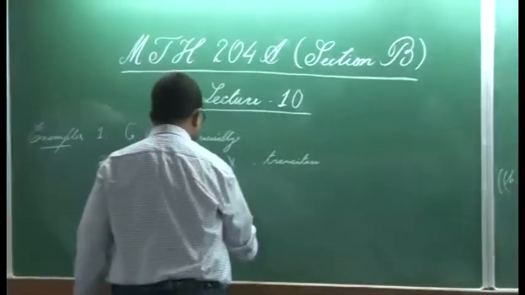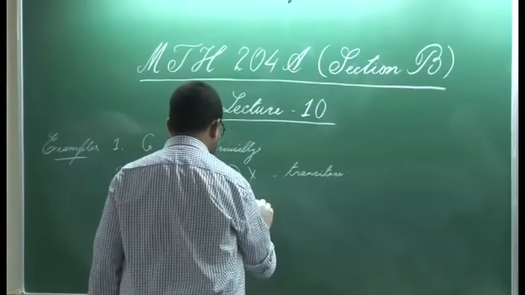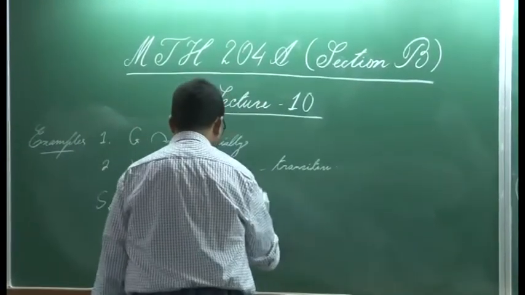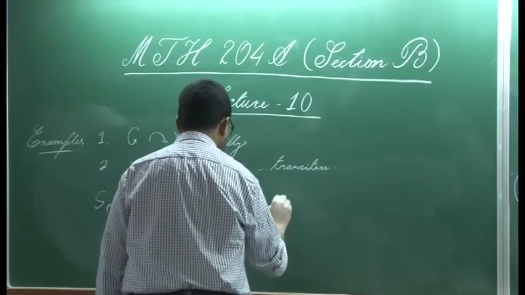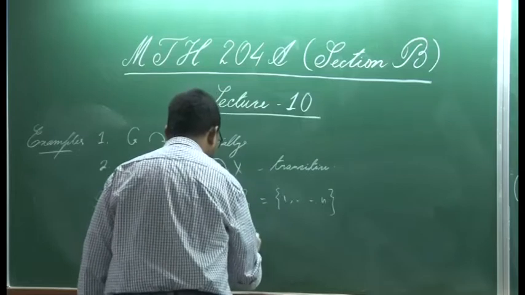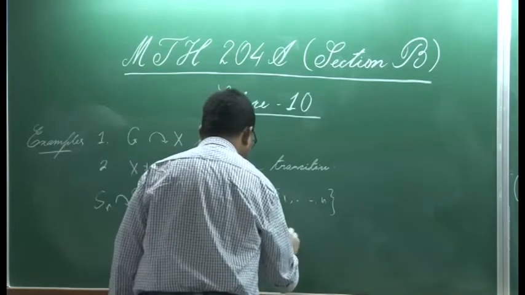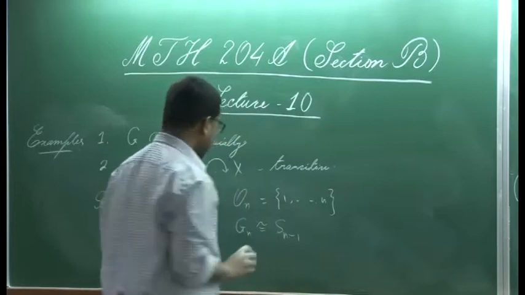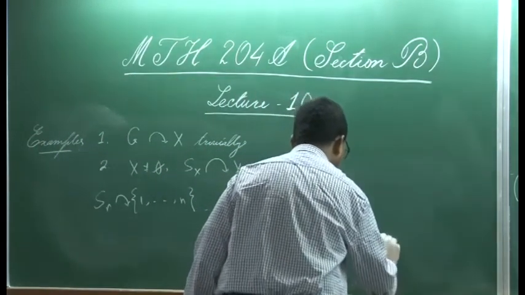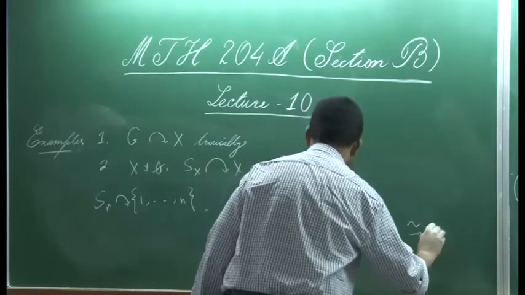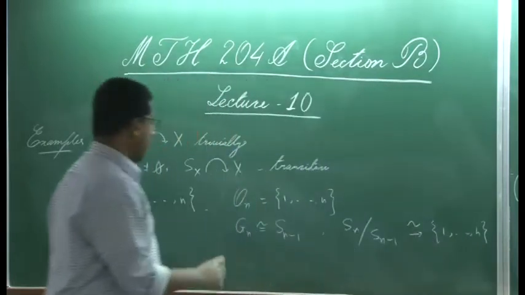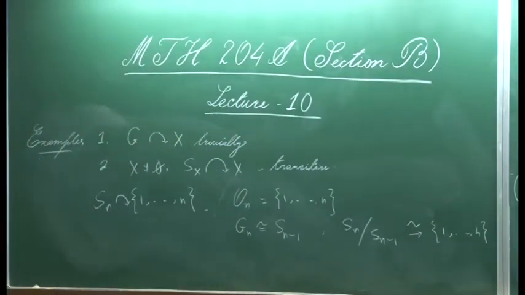Therefore we see that here the orbit of anything is the whole set 1 up to n, and the stabilizer of n is isomorphic to S n minus 1, and naturally we have a bijection between this and this. Okay, so this is quite simple.